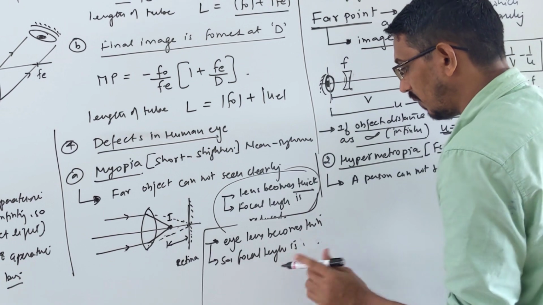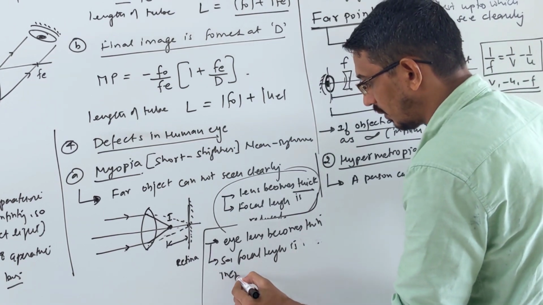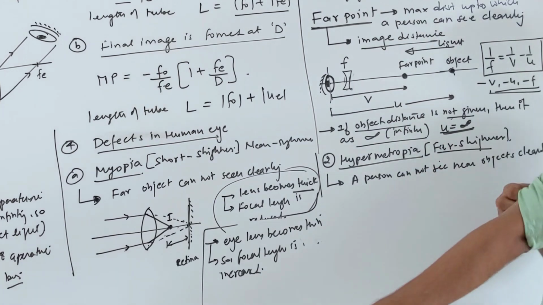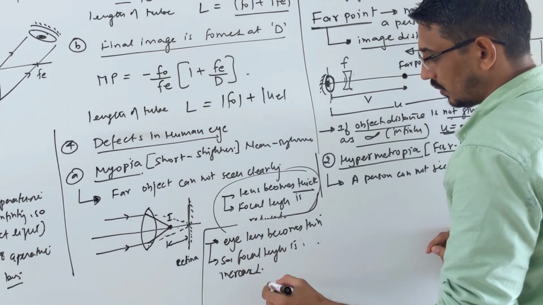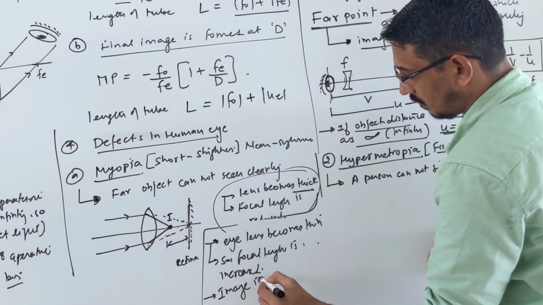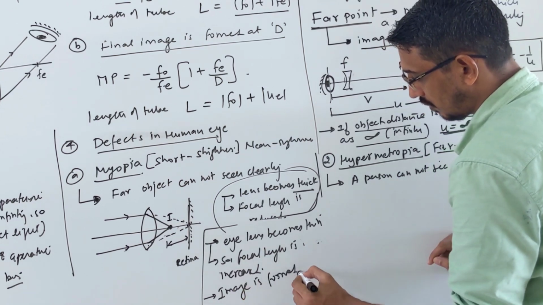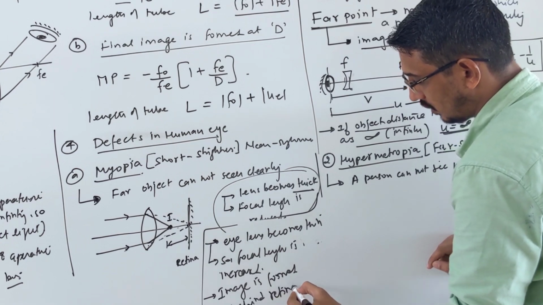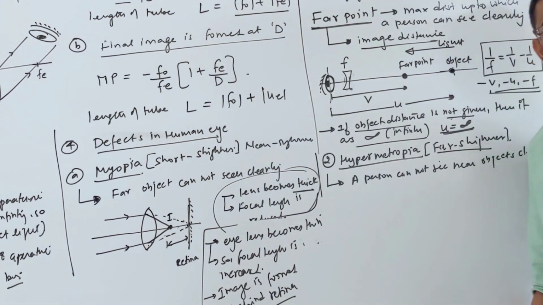Due to this, your image will form behind the retina. So the image is formed behind the retina, and again we don't see a clear image, right?